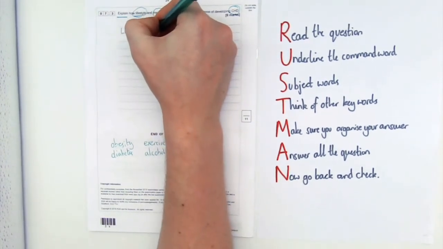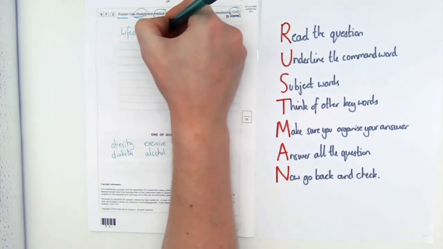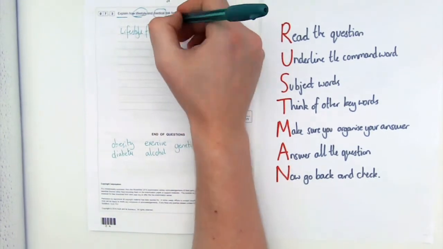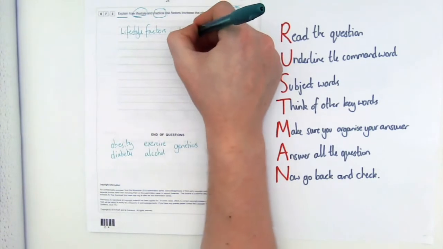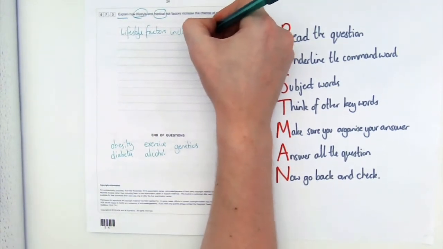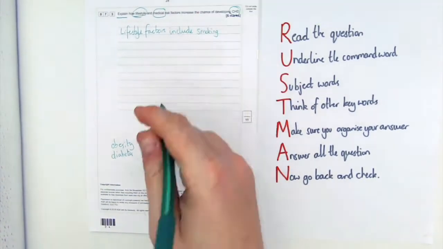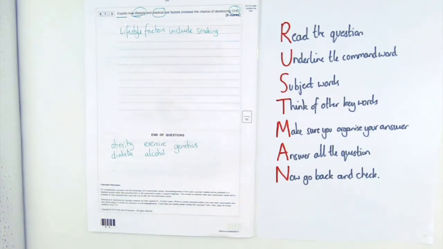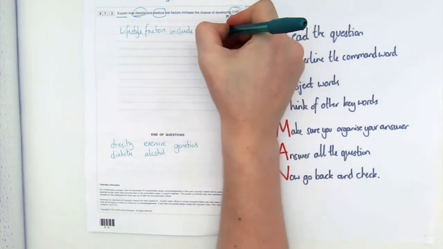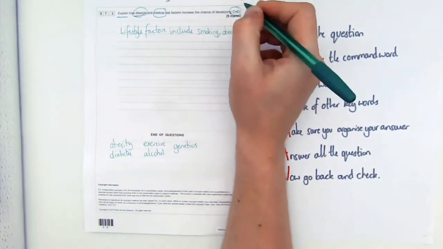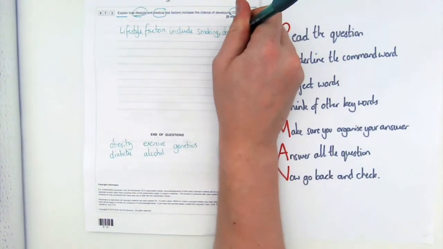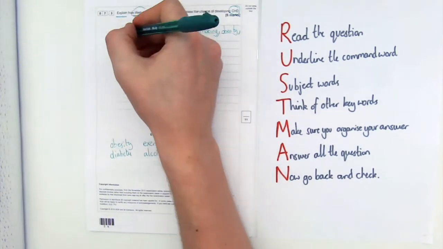So lifestyle factors include things like smoking, because that's a choice, isn't it? You are choosing to smoke. Things like obesity. It's a little bit more vague, but obviously if you eat too much, then that's not going to help.